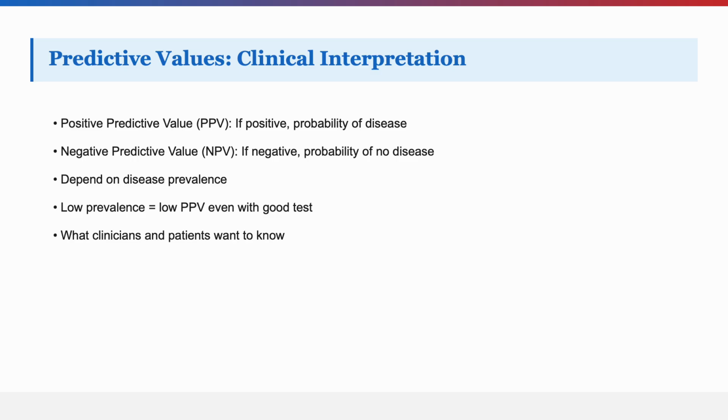In symptomatic patients with high disease probability, positive tests are likely true positives. In asymptomatic populations with low prevalence, many positive screens are false positives requiring follow-up testing. For healthcare managers, this means understanding that screening programs generate many false positives that need workup.